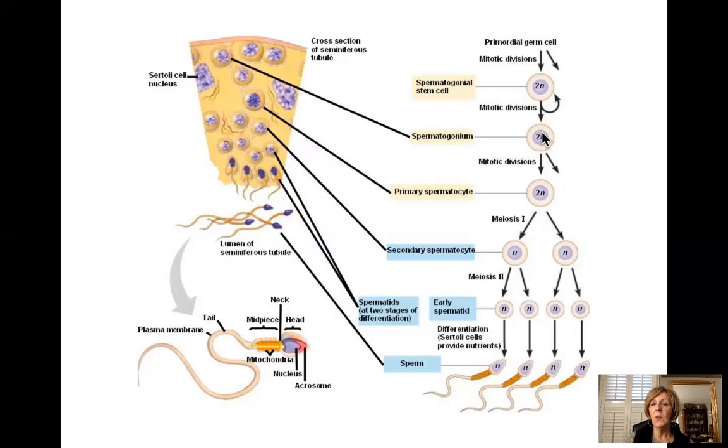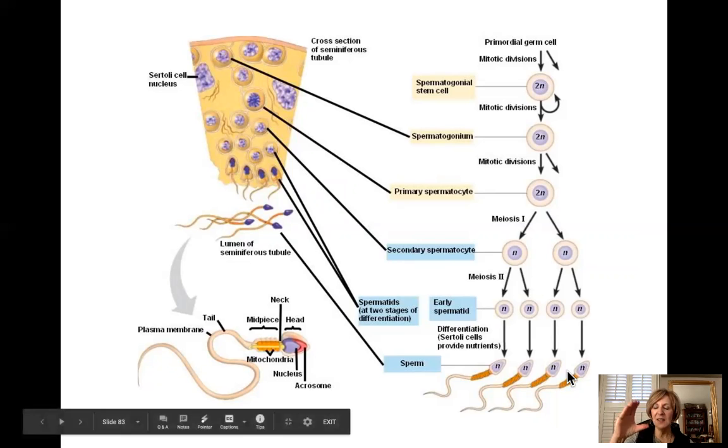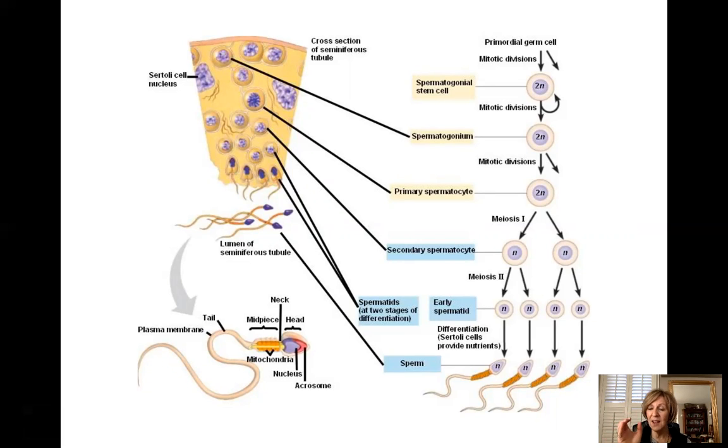Those spermatogonium cells become primary spermatocytes, which go through meiosis 1. They are then secondary spermatocytes, which go through meiosis 2. I have these very early spermatids that then mature into sperm, and this is in the lumen of those seminiferous tubules, which are inside the testes.